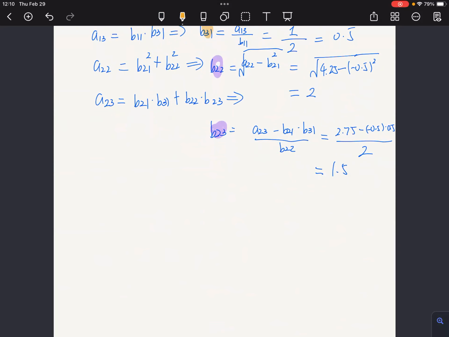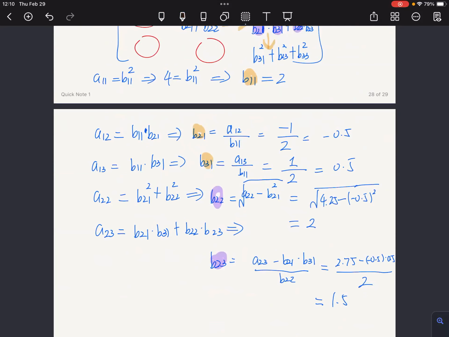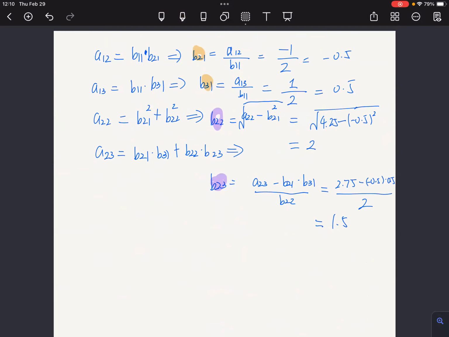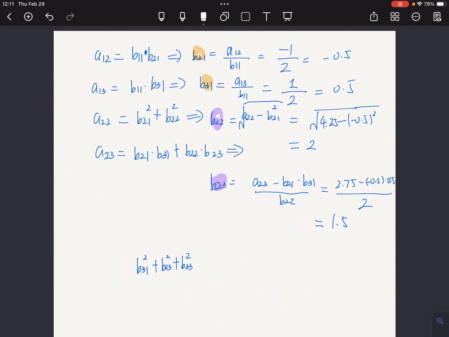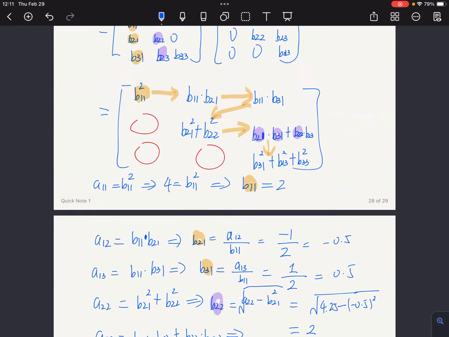The last one, we are going to compare the value. And this is the value we have on the multiplication result. But they should equal the A33. So what do we have here? We are going to solve for the B33, and it equals to the A33, subtract the B31 square plus the B23 square, and then taking the square root. What is the A33 here?